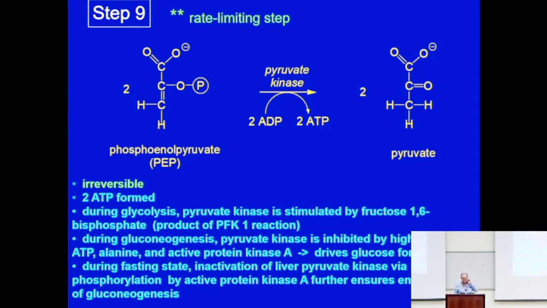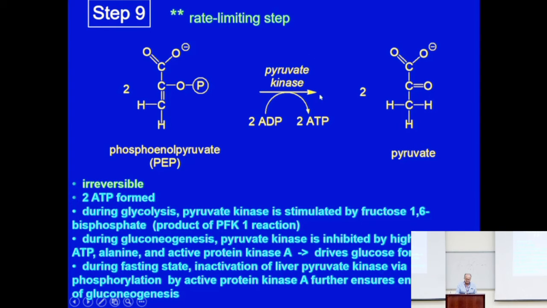I want to say one more important thing here. Pyruvate kinase, there's a known inherited deficiency in this enzyme, and it affects, most importantly, red blood cells. Red blood cells, as I mentioned before, are entirely dependent on glucose for their energy needs because they don't have mitochondria. So the only energy producing pathway in red blood cells is glycolysis.